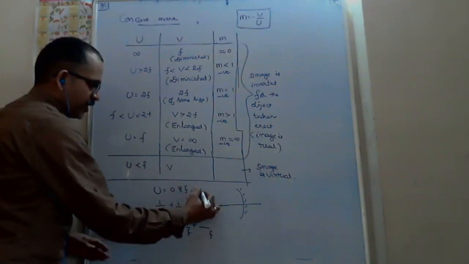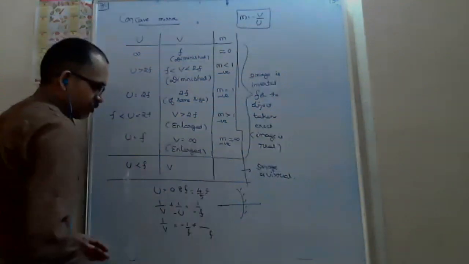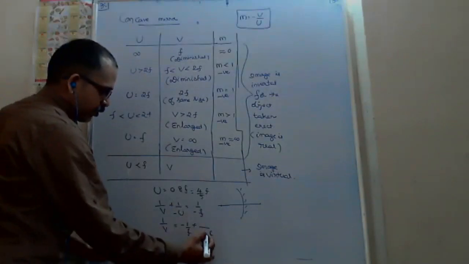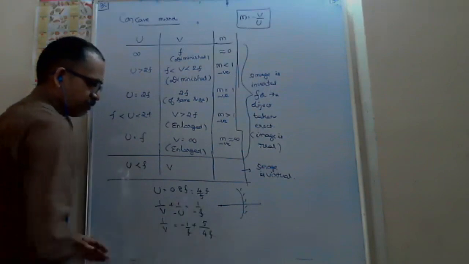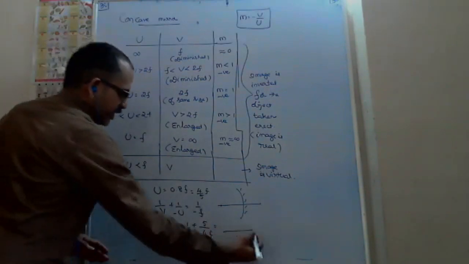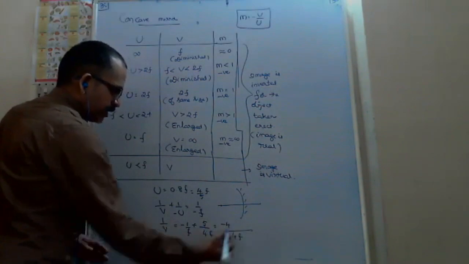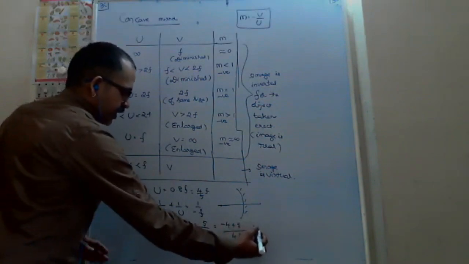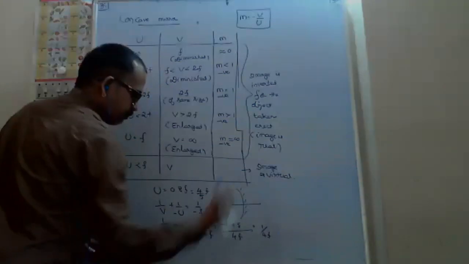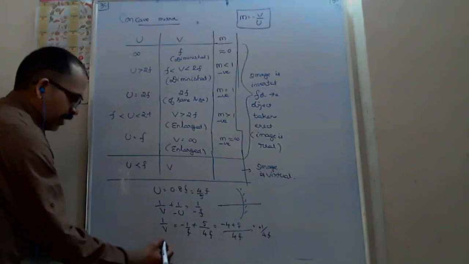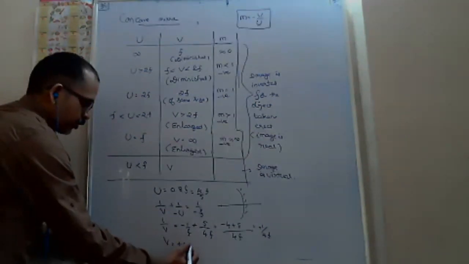So 0.8f in fraction is 4 by 5 f, which is 4f by 5. So you are getting 4f as the LCM, this is minus 4 and this is plus 5. That is, I am getting 1 by 4f, and v equals plus 4f.